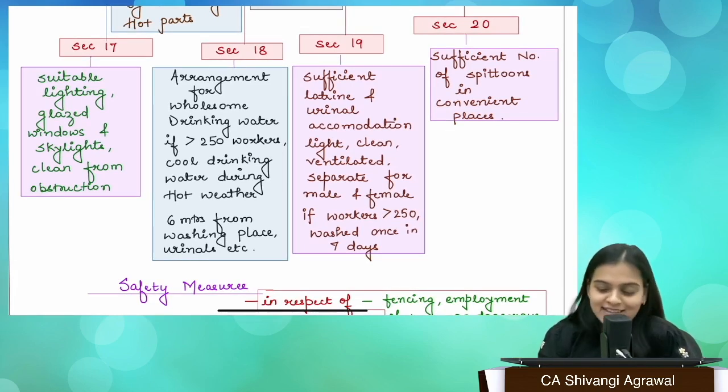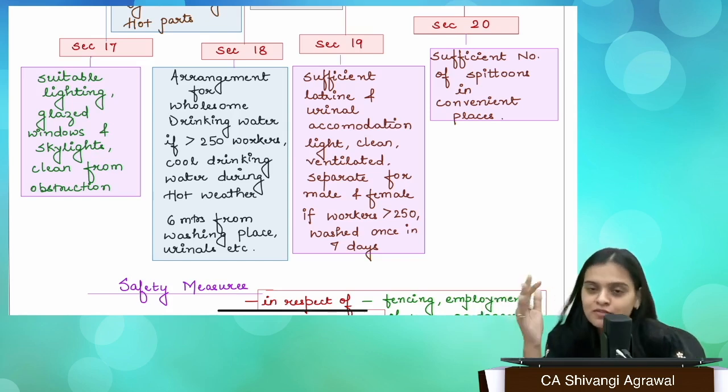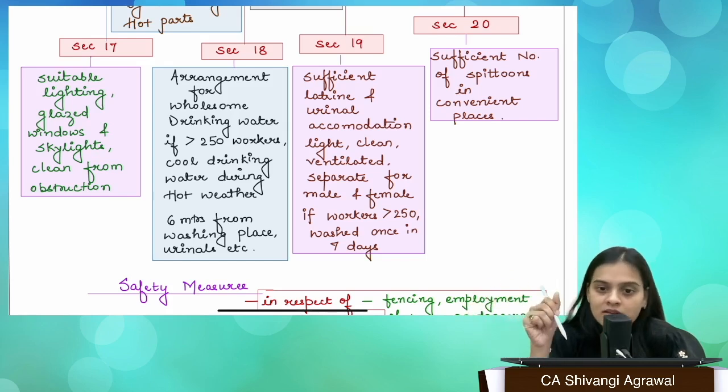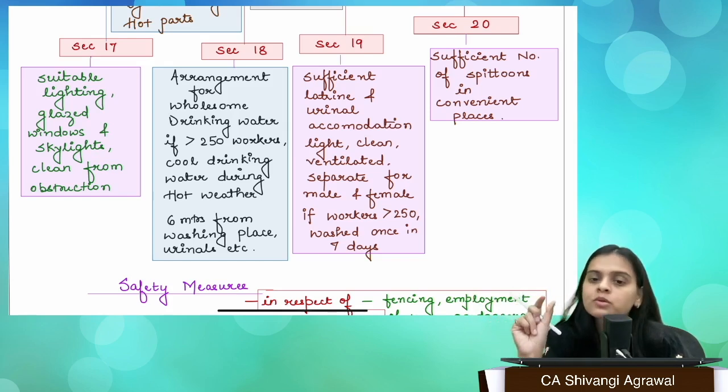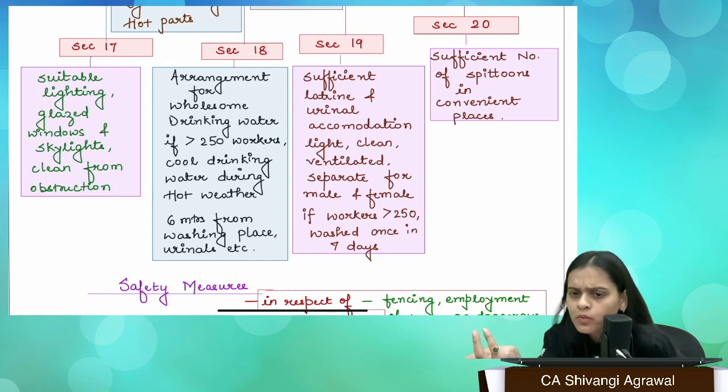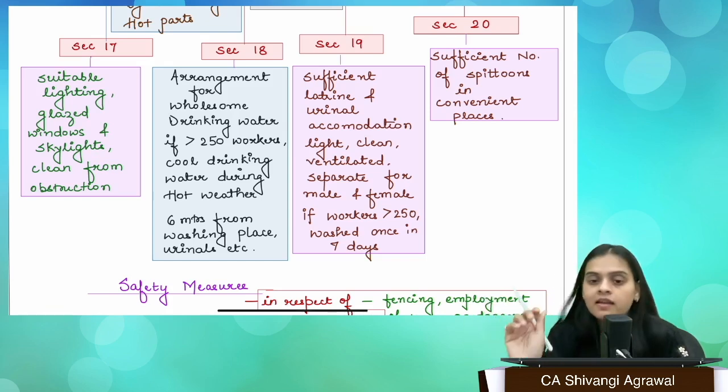Now, many students think that if there are fewer than 250 workers, then I don't have to keep it clean. No, the cleaning has to be done. Of course, every day there has to be cleaning. But here I'm talking about when there are more than 250 workers, then it has to be cleaned with suitable disinfectants or detergents at least once in 7 days. Then we have section 20, which is spittoons.